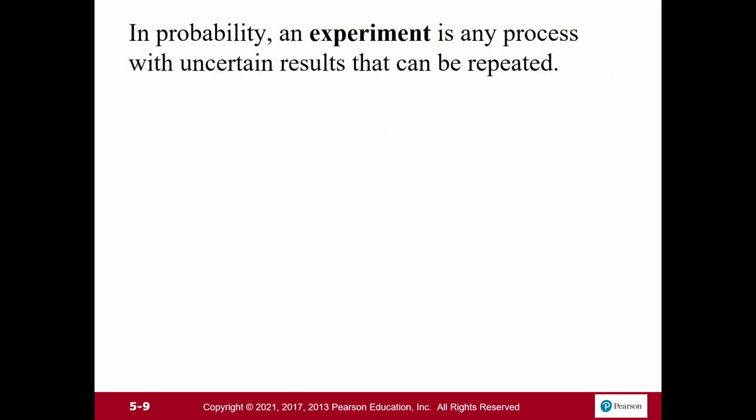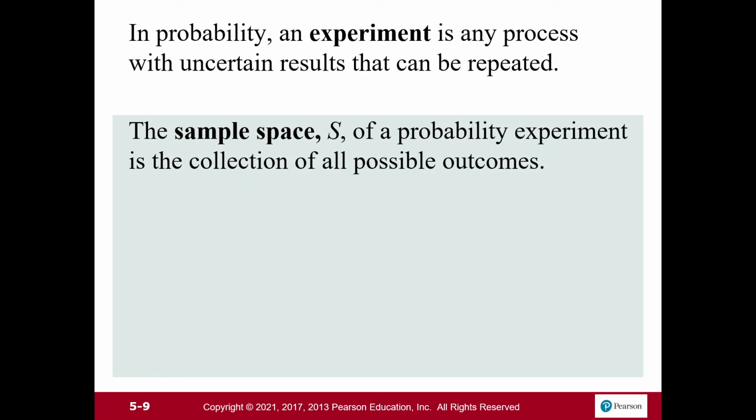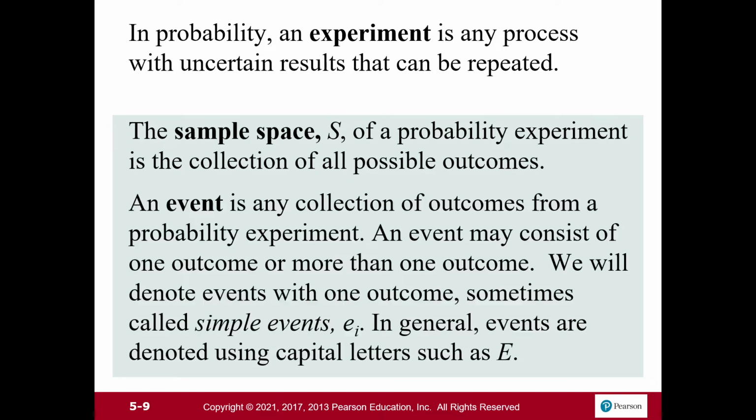In probability, an experiment is any process with uncertain results that can be repeated. The sample space, called S, of a probability experiment is the collection of all possible outcomes. An event is a collection of outcomes from a probability experiment.